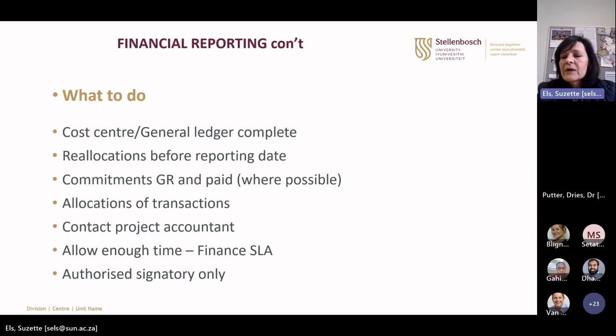If you are unsure of anything, please feel free to email me. I'd rather explain and educate researchers, especially the newer and early career researchers, to make sure they do it the correct way, because it's part of the overall picture within the financial reporting of the university.